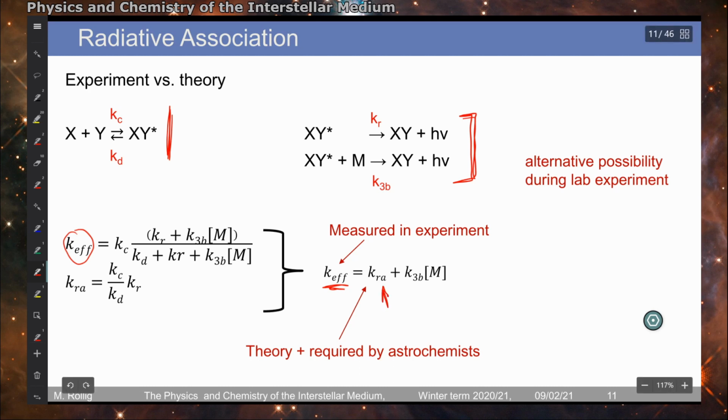This is what we actually need to know for our astrochemical computations. So we need to correct our measured effective rate coefficient by the three-body rates that we have to try to disentangle and measure independently without any radiative association component.